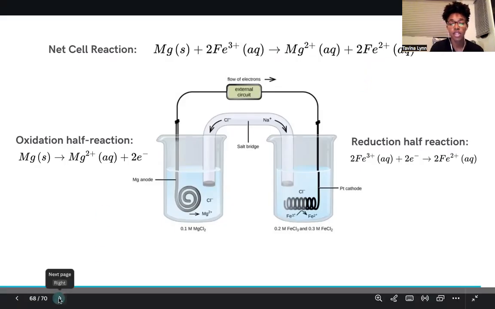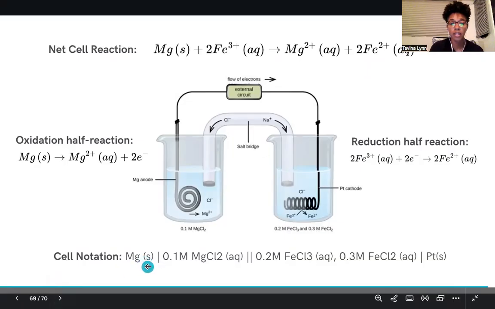So our cell notation, going from left to right, we start with magnesium solid oxidized to magnesium 2 plus in our 0.1 molar magnesium chloride solution. We have this vertical line for the phase separation between solid and aqueous, and our double line for our salt bridge. Then we have iron 3 plus, which is in our FeCl3 aqueous solution.